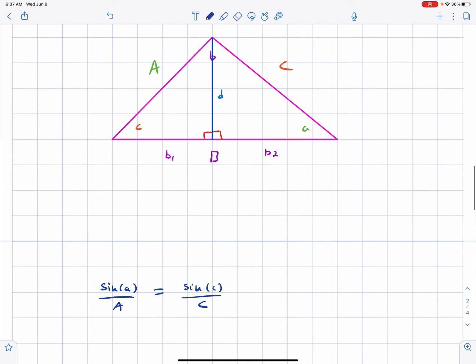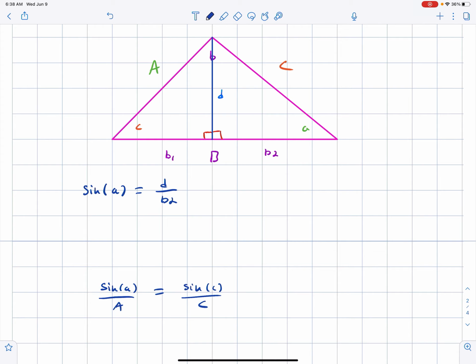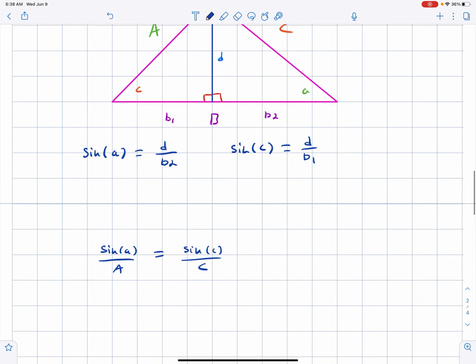So how do I start? If I'm worried about this, I don't just stare at it. I actually start computing these things. What is sine of A? Sine of A is D divided by B2. Sine of C is equal to D over B1. So that's terrific.